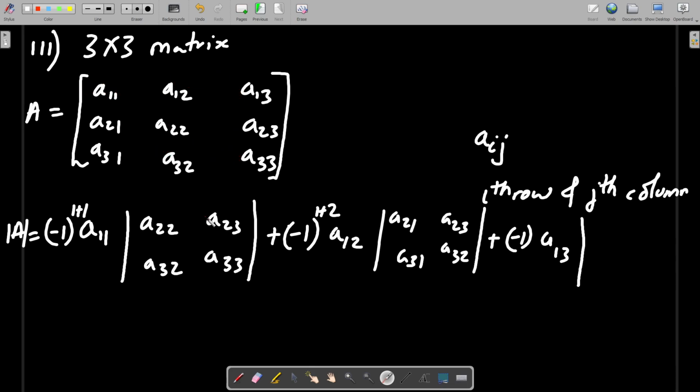What remains here is this. A21, A31, A22, A32.